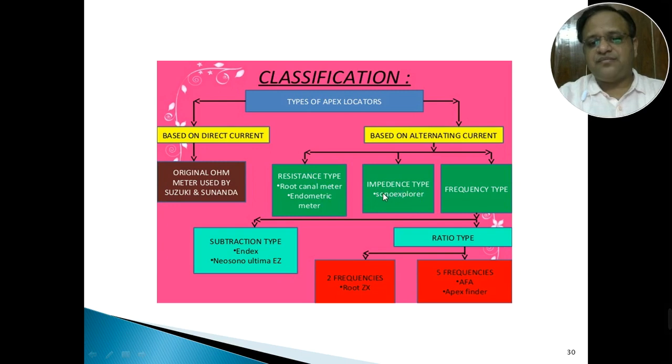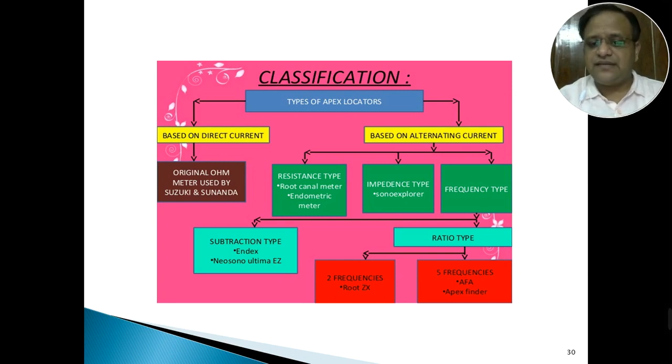The impedance type were low frequency based. They were not giving right readings due to the availability of fluids like saliva or other electrolytes, and to that, higher frequency was introduced. So high frequency ones had a special coating on their electrodes, and that's why they were giving better results even in the presence of fluids.